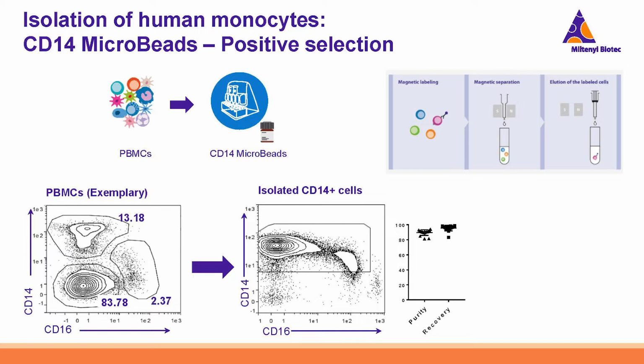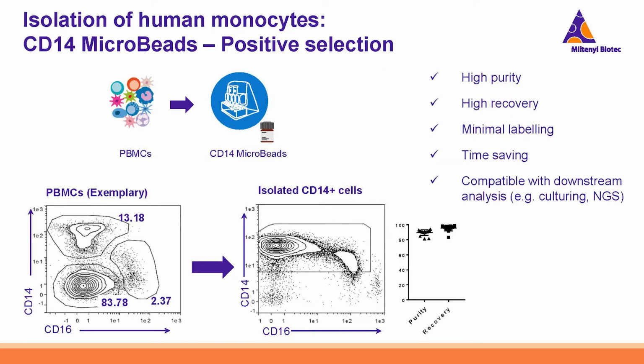After a washing step, the column is removed from the magnetic field of the separator, and target cells are eluted from the column, as you observe here. As you observe in the flow analysis result on the right, high purity and high recovery of the isolated CD14 positive cells have been obtained using the CD14 microbeads.